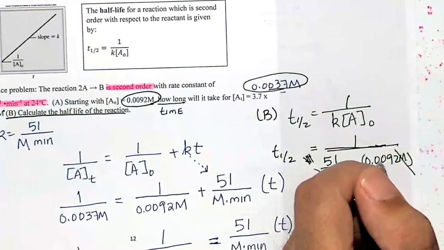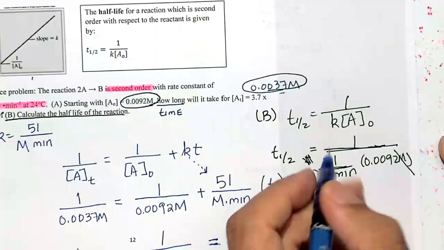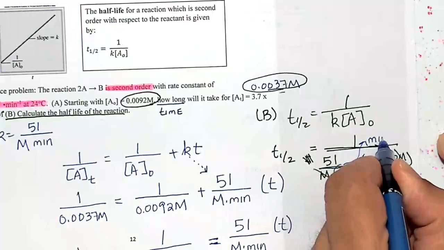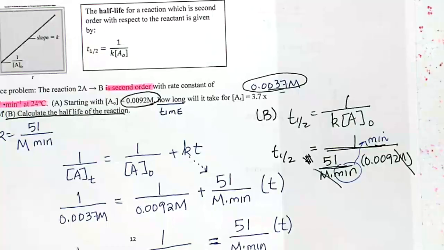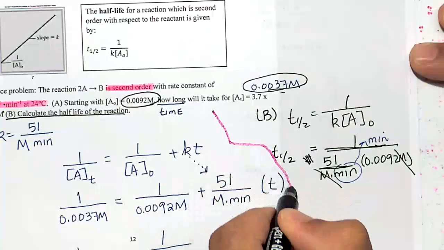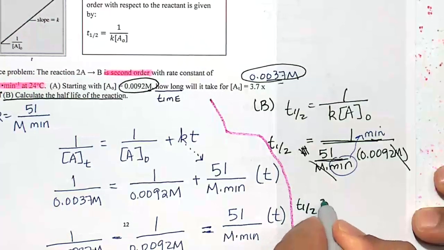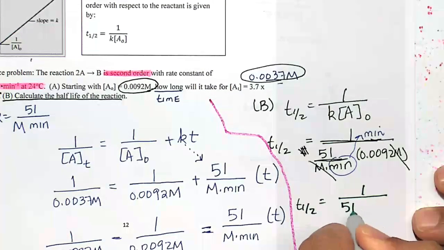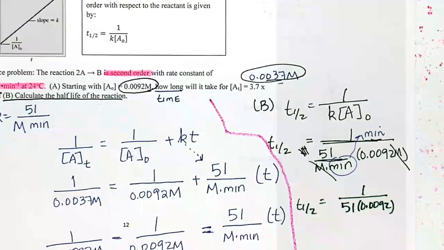Okay, so the M's cancel. The minutes in the denominator of a denominator go up to the numerator. Remember, half-life is a time.